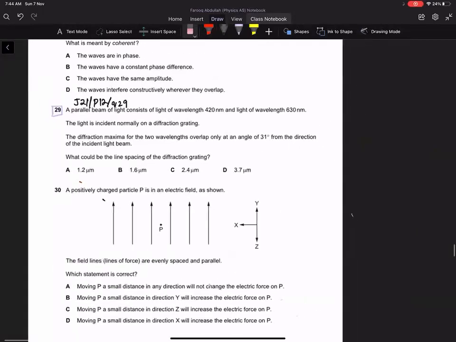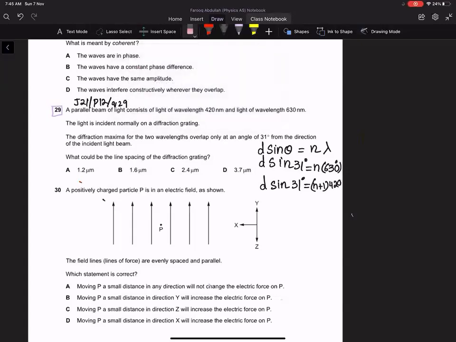The formula for diffraction grating, as we studied, is d sine theta equal to n lambda for an order of maxima. So it will become d sine of 31 degrees is equal to n times the wavelength, 630. Then we have d sine of 31 is equal to n plus 1 times 420, and this is nanometer.